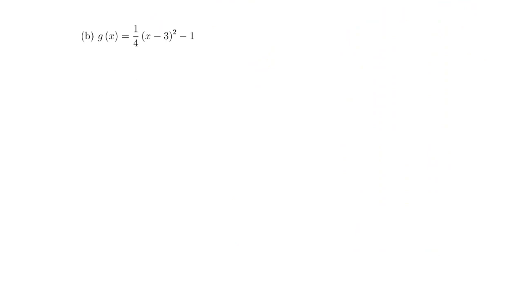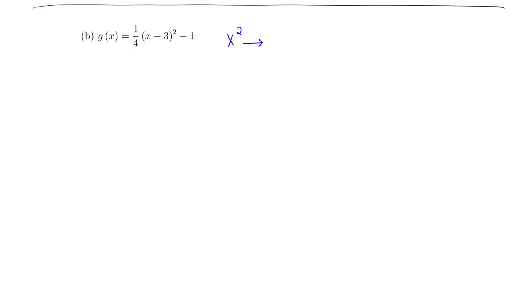All right, so again, let's set up a plan for this. In here I see, again, that the most basic function is an x squared. So I'm starting with x squared. Then I want to look for any horizontal shift, but that's the x minus 3 squared.